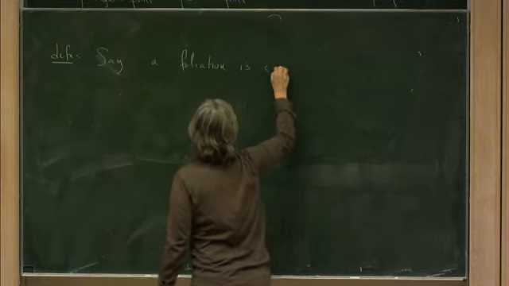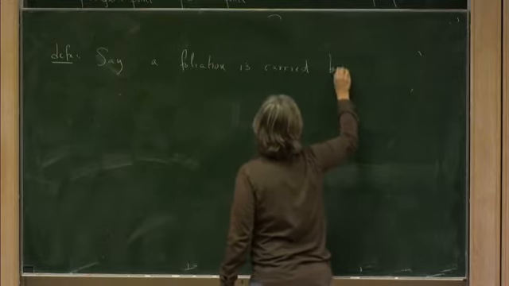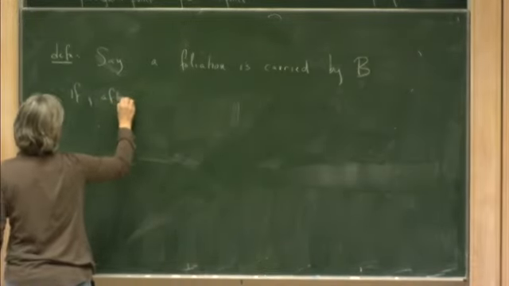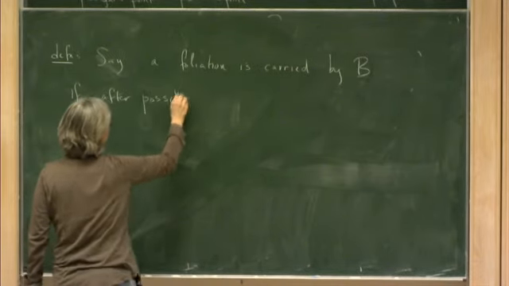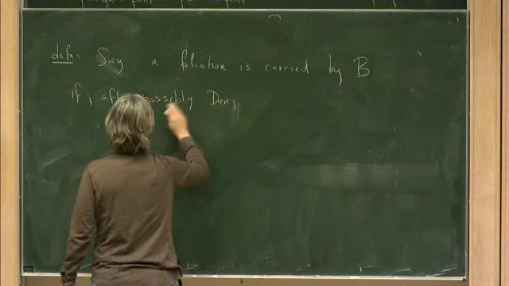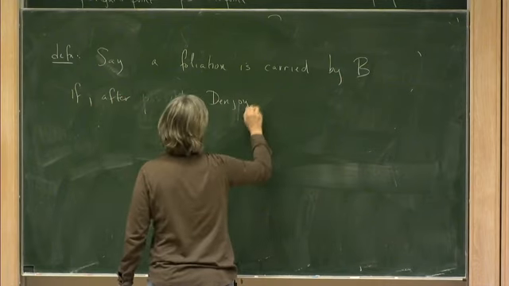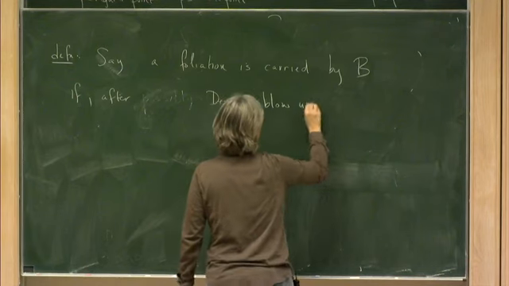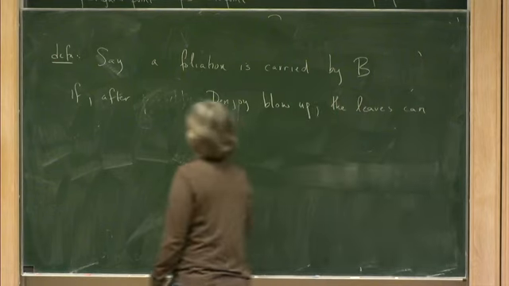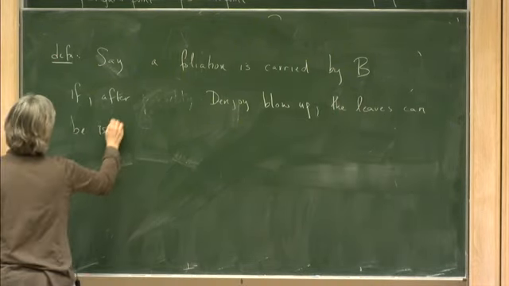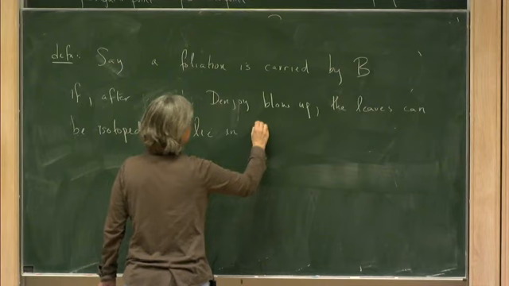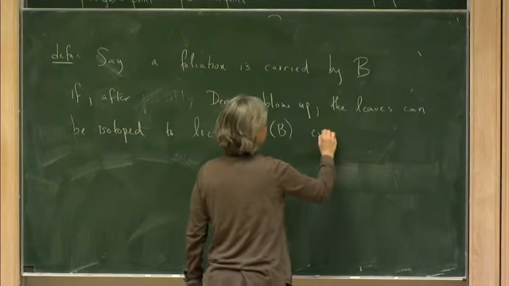So definition, we say that a foliation is carried by B if, after possibly Denjoy blow-up, well, I guess after Denjoy blow-up, the leaves can be isotoped to lie in N of B everywhere transverse.